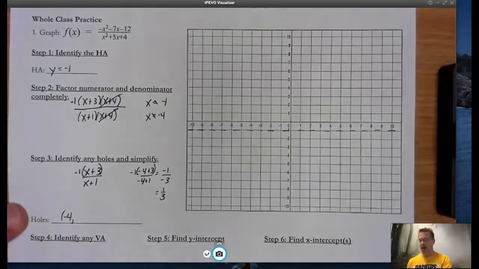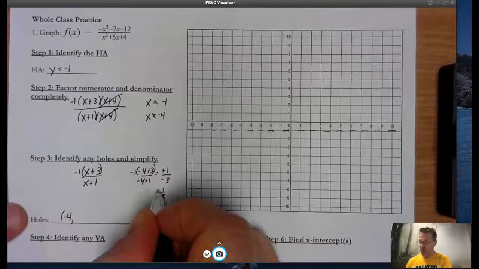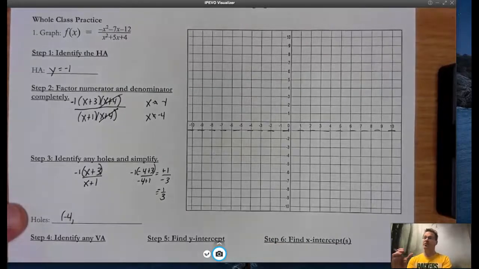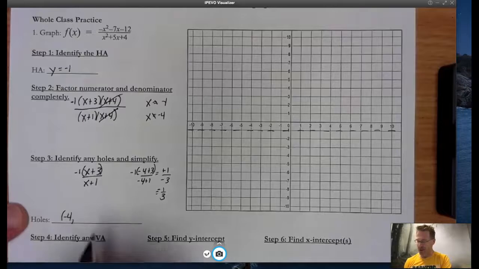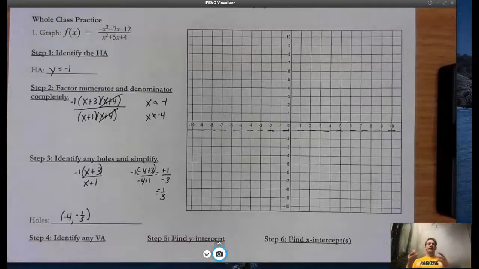That's going to be -1 times -1, which is going to be a positive. So then my end result will be -1/3. You can see I almost made that really big mistake, which is a very common mistake: once you factor out that constant GCF, not to carry it with your problem. So don't be like me. Be better than me. Don't make that mistake. So then we get that our hole is at -4, -1/3.